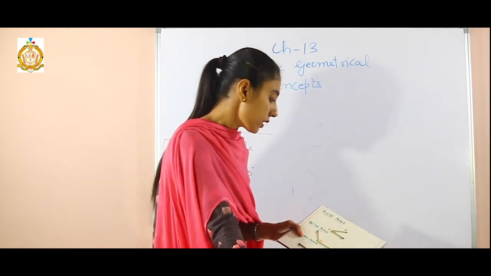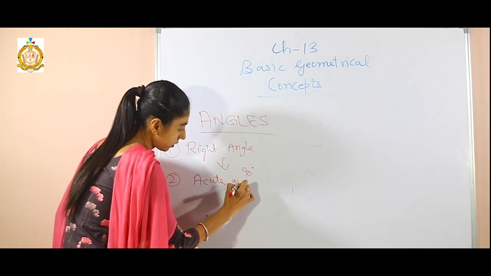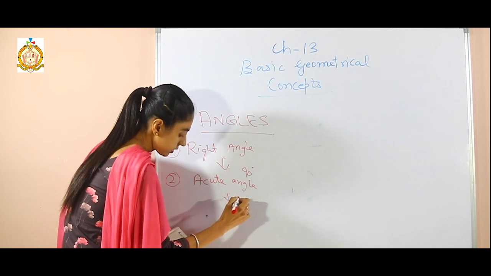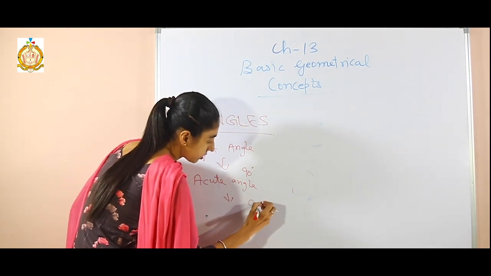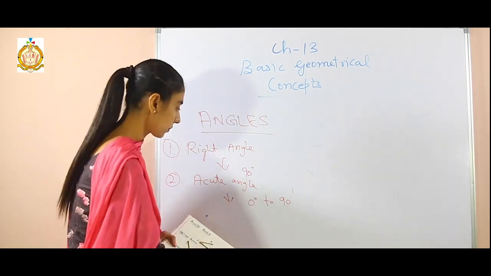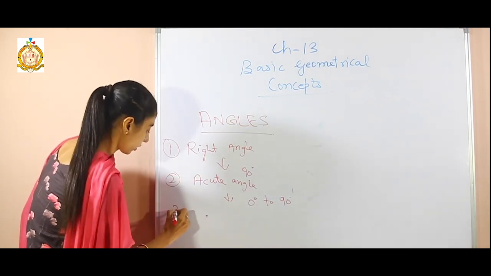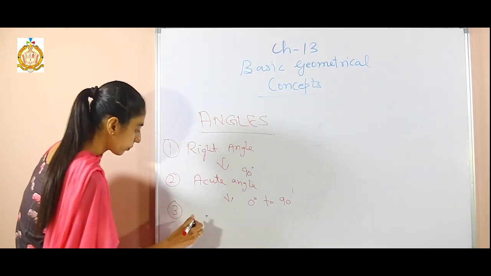So the acute angle's measure lies between 0 degree and 90 degrees. The third one is the obtuse angle.